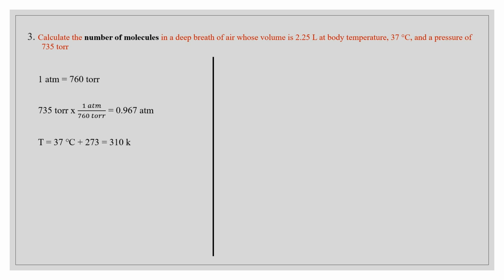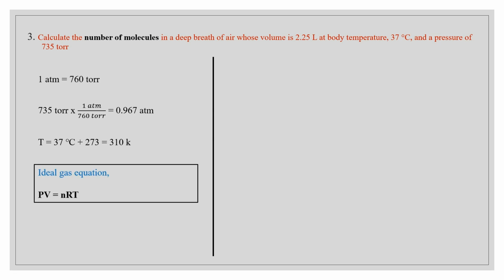Next, let's convert 37 degrees Celsius to Kelvin. 37 plus 273 is 310 Kelvin. Now our pressure value and temperature are ready to apply to the equation. Let's apply the ideal gas equation. PV is equal to nRT. The reason is you need to calculate molecules.